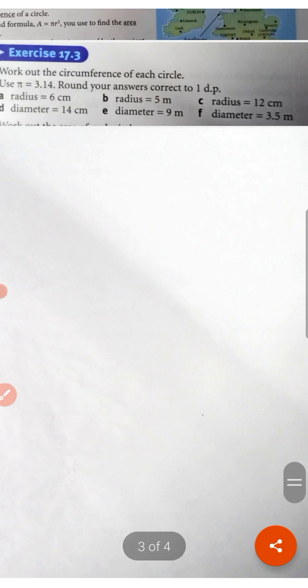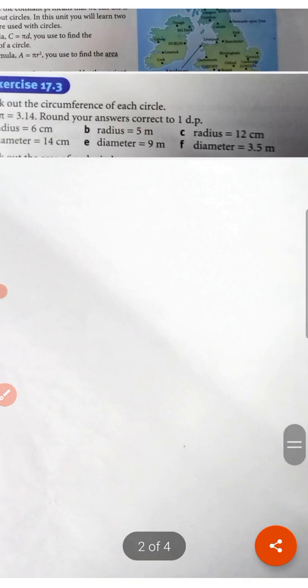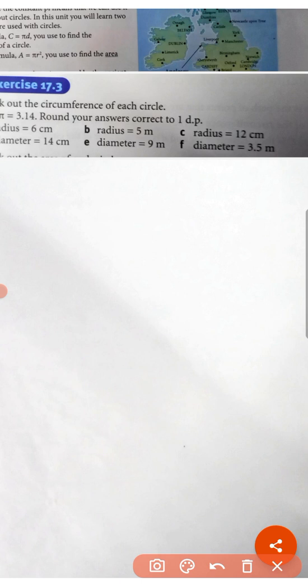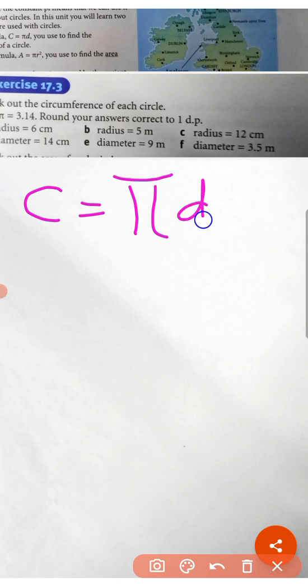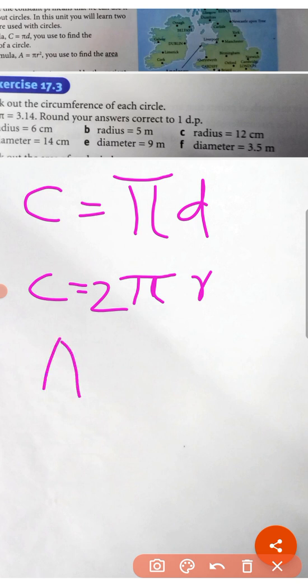For finding the circumference, we are using the formula C is equal to pi d or 2 pi r. For finding the area, we are using the formula pi r square.